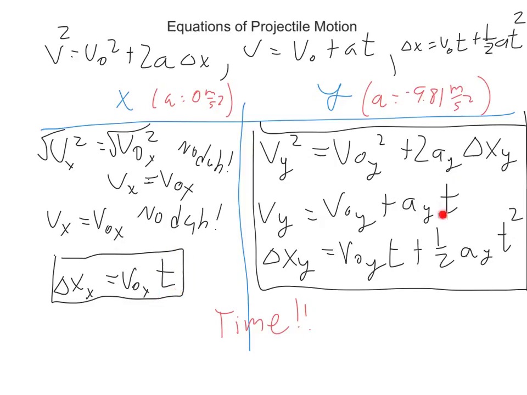That is the same time that is showing up here for the y direction of my projectile's motion. So if you're ever stuck on something in the x direction and it's related to time, know that you can go to the y direction and get that time and then go back. And vice versa works as well. So there are the four equations we can use for projectile motion.